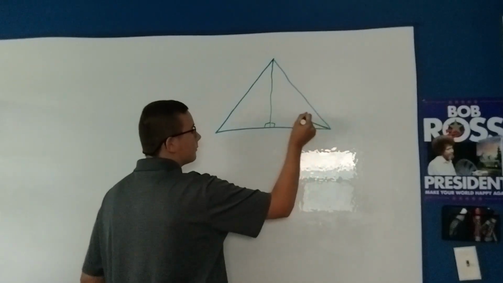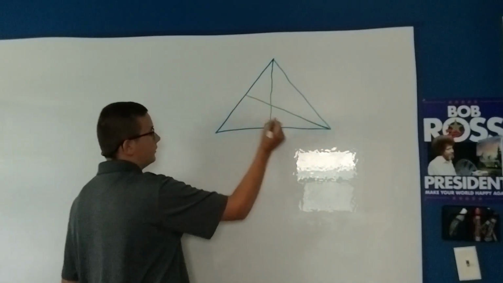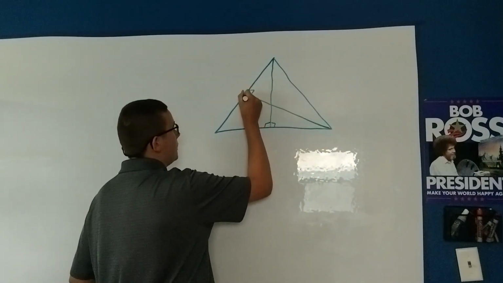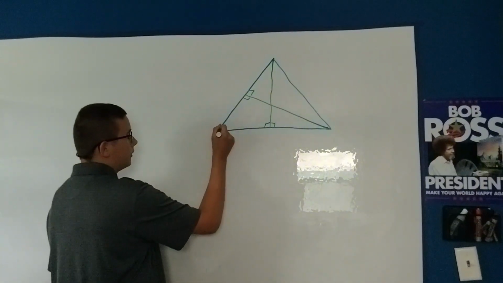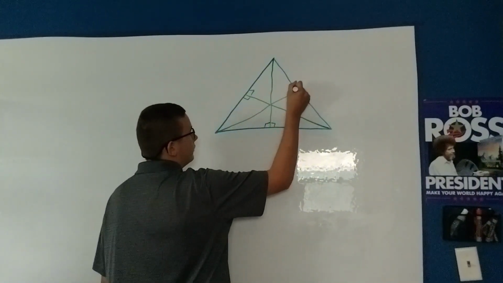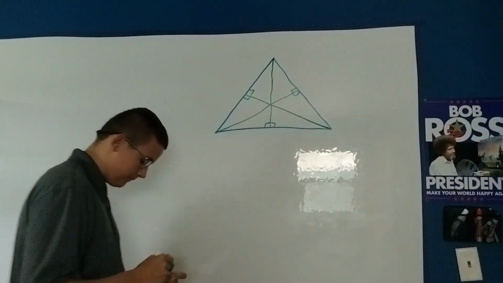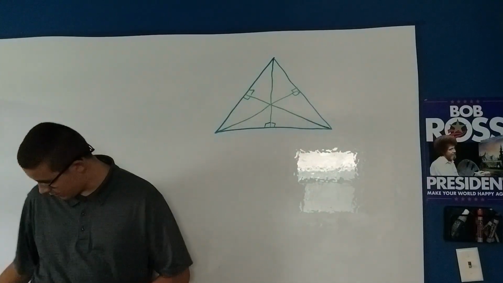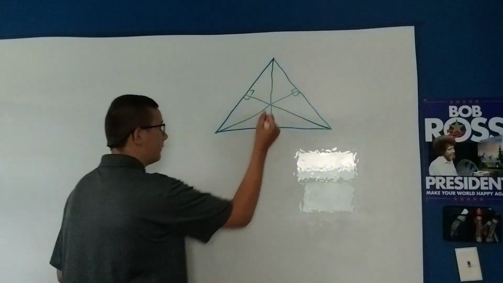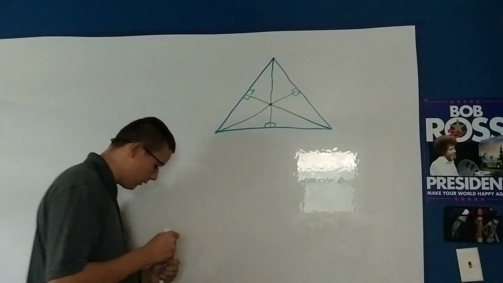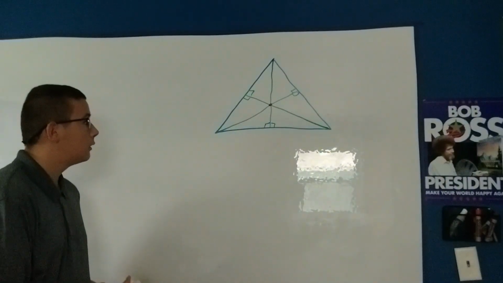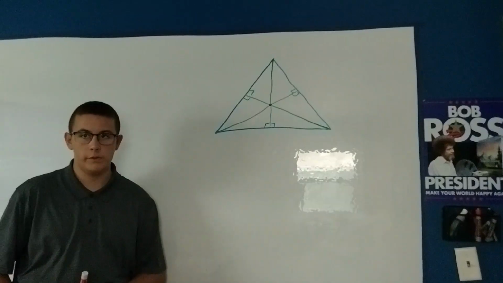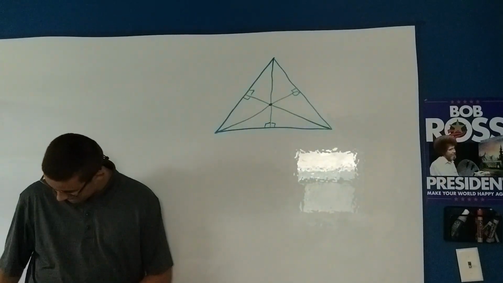Same thing here. Crosses this perpendicular. And here, you cross this perpendicular. Just like that. And that point there, where they all cross, is your orthocenter of the acute triangle. Again, really close to the circumcenter.